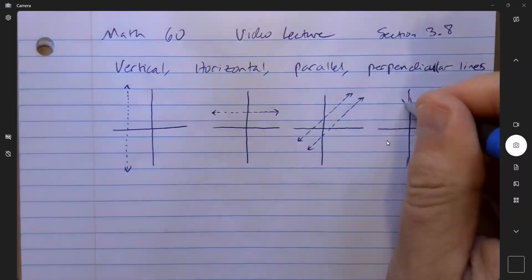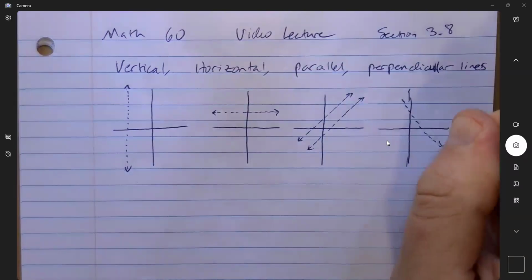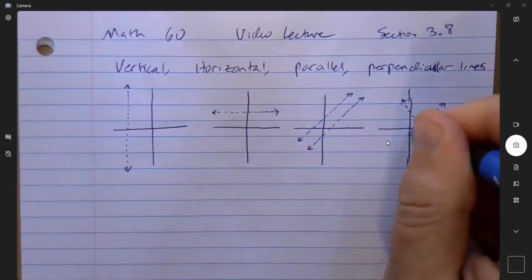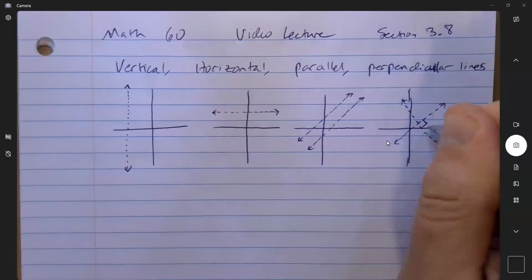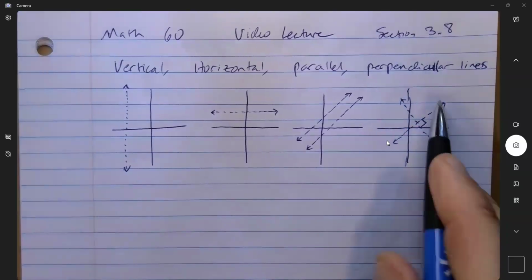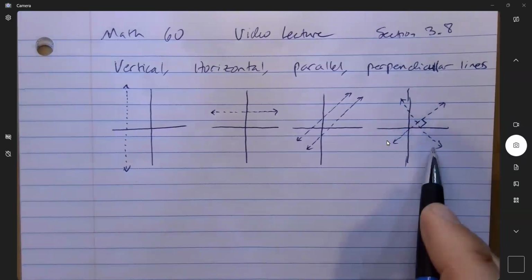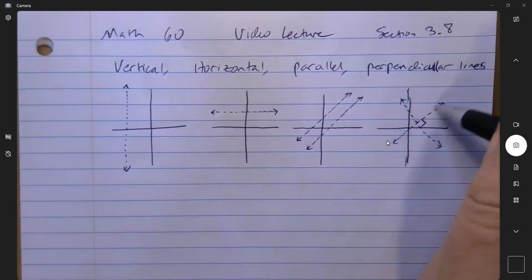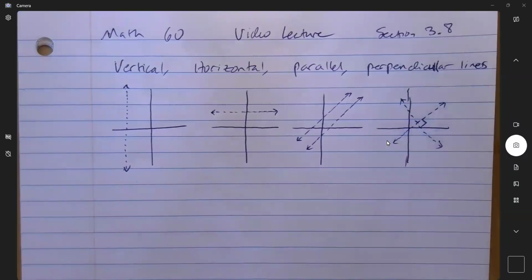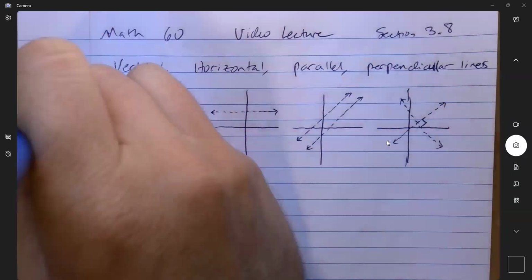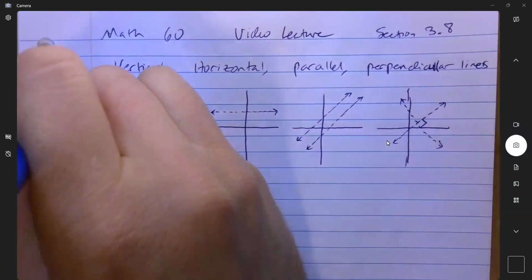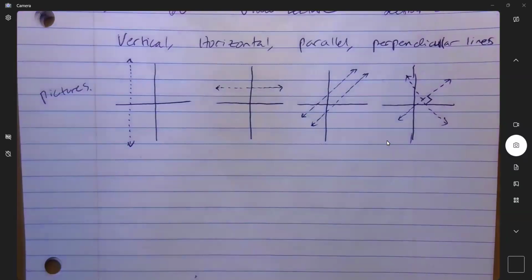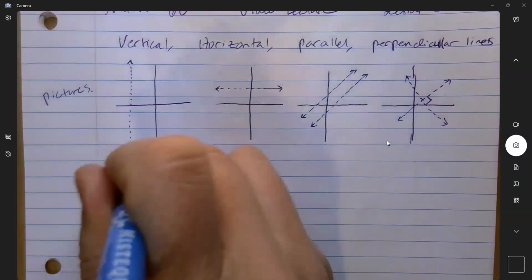And perpendicular lines are two lines that come together at a perfect right angle, right? So that it's a 90-degree angle when they touch. It looks like a perfect X where they cross. So this is our picture representation. Let's build a table for each of these.